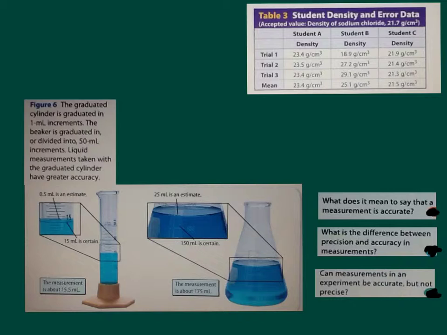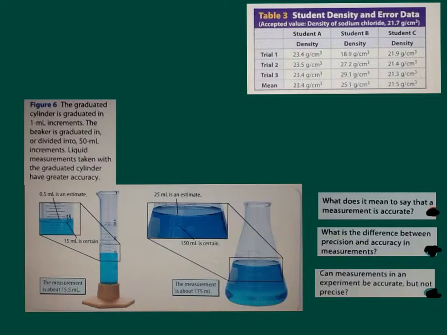Now we want to talk about measurement and uncertainty. Some of you might be familiar with the terms precision and accuracy. In science, these terms have different meanings. Precision is a description of how similar or close repeated measurements are to each other.